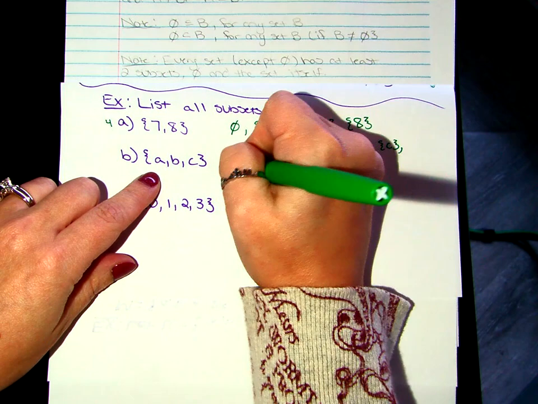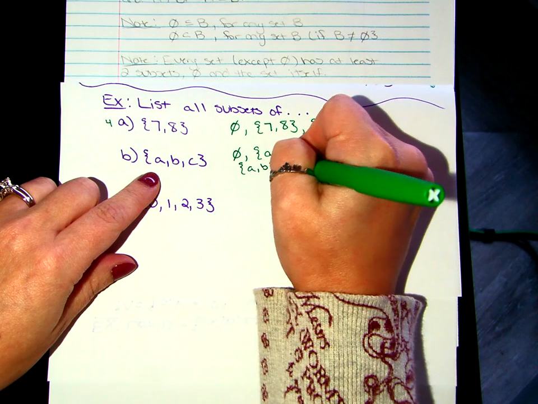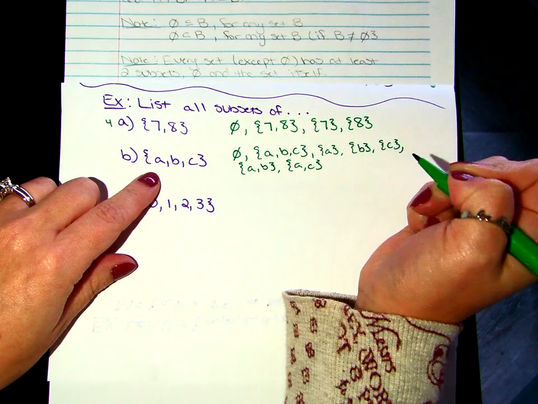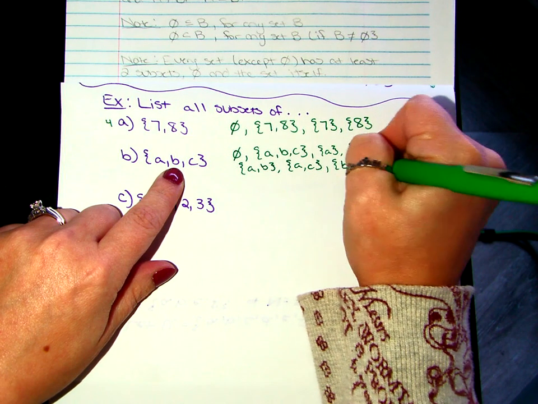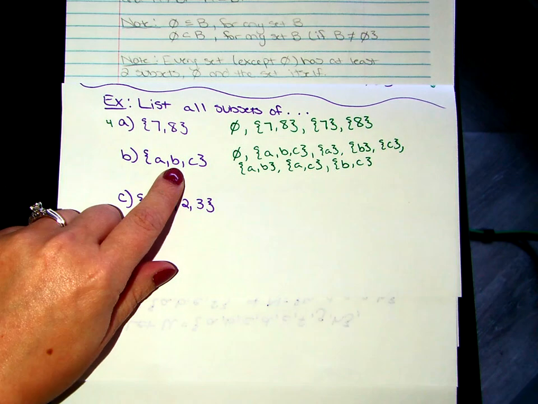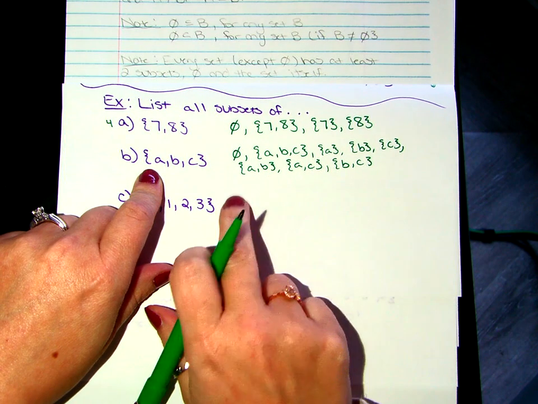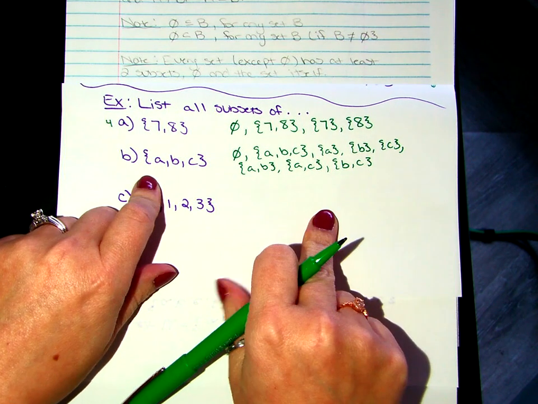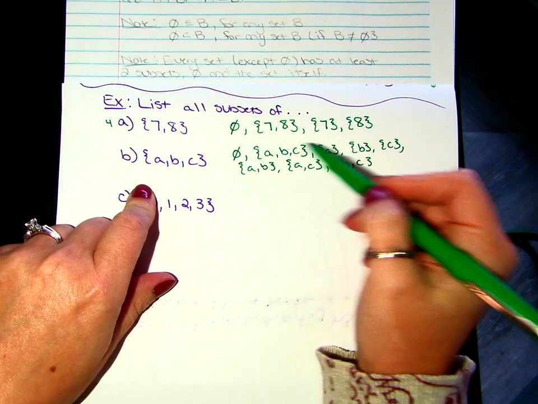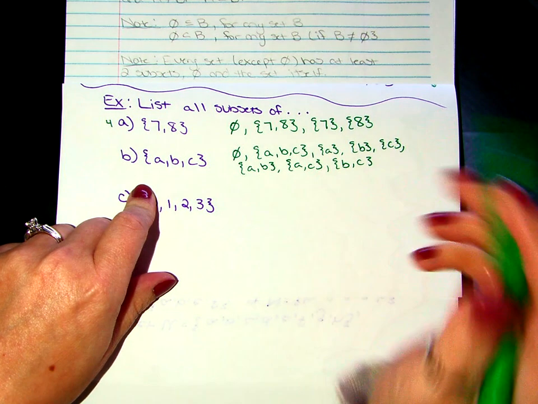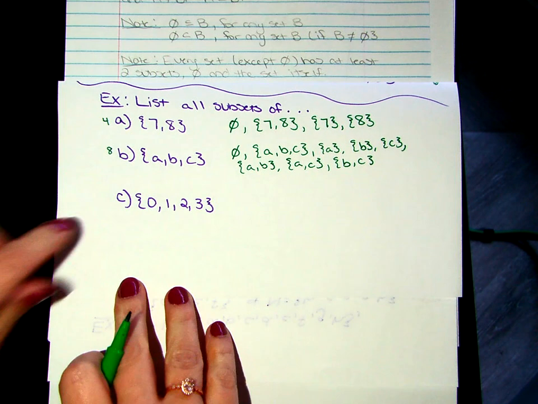I could have A, B. I could have A, C. I could have B, C. I already listed B, A, because the order doesn't matter inside. I've listed B, C. So that should be all of them. I don't think there's any other way to represent these elements. 1, 2, 3, 4, 5, 6, 7, 8. When there were 3 elements, I got 8 subsets.